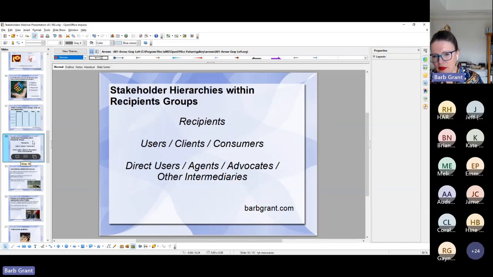There's an example I give in the book of a very large-scale piece of transformation that had this massive grouping of people, external customers who were recipients of the change. Basically they were all created equal. They were all described as the people who will pay government fees, and they were all lumped into one really enormous group.